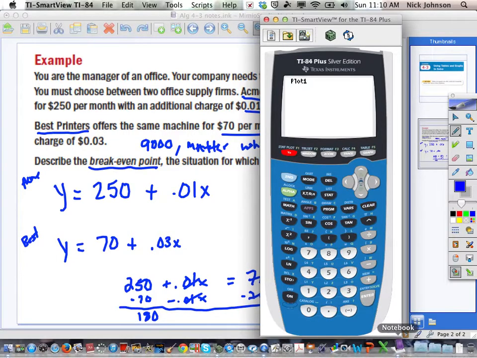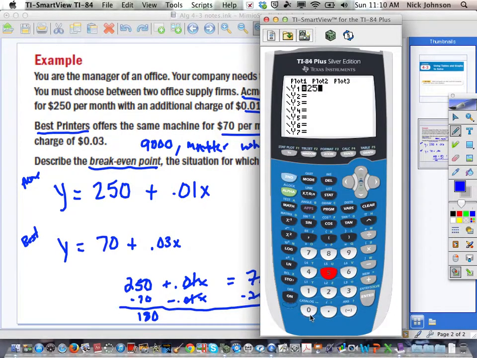And the first one is 250 plus 0.01x. My second equation is 70 plus 0.03x. And if you notice our break-even point was 9,000, so my window is going to have to be very big. Or my x-axis is going to have to be very big, so this is going to have to go out to like 15,000.